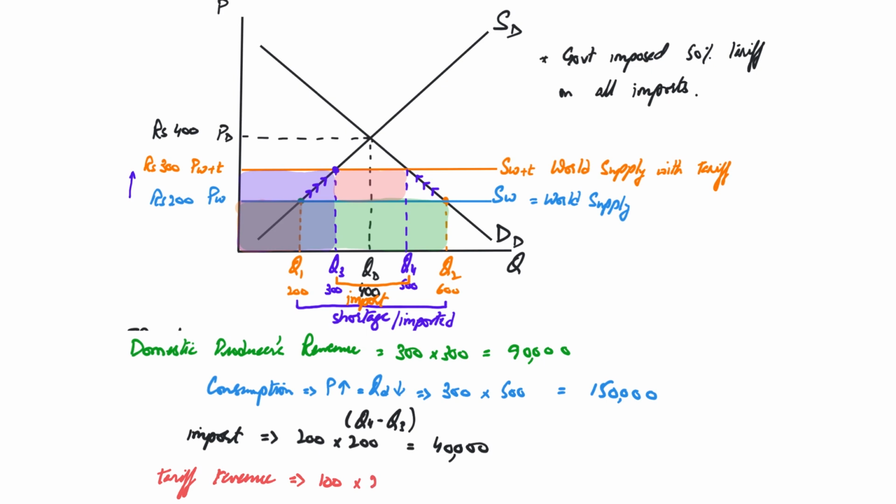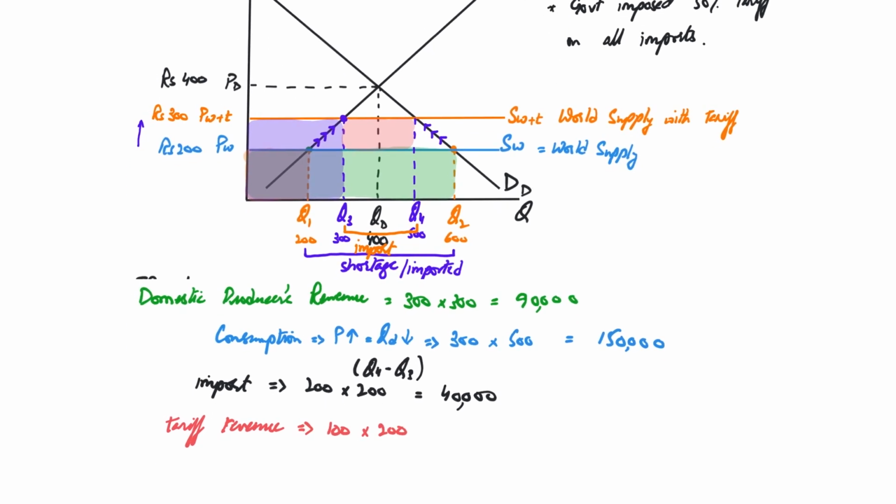So import quantity, as we've mentioned, is about 200, because Q4 minus Q3 is the import quantity. So a price of 100 into 200 units will tell us that about 30,000 is the government's revenue in this case, which is highlighted with this red space here.